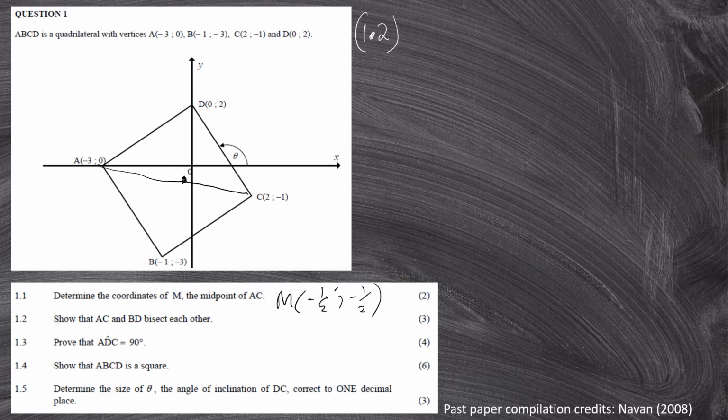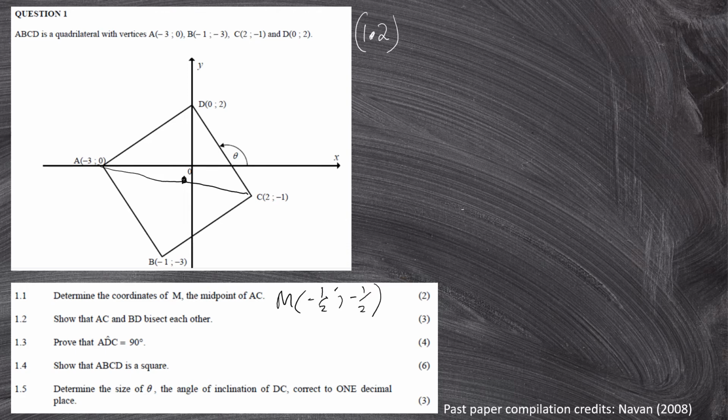1.2, they want you to show that AC and BD bisect each other. Okay, what does it mean when lines bisect each other? It means that those lines must have equal lengths, number 1. Number 2, they must also have equal midpoints.